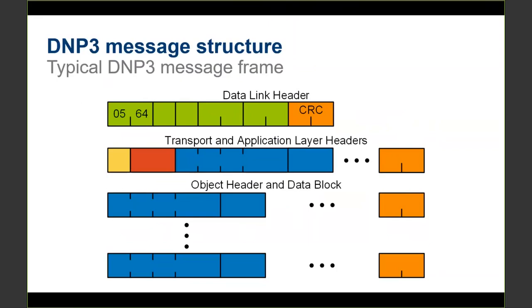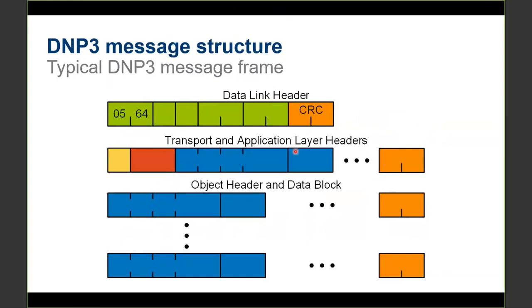One big difference between DNP and Modbus is that Modbus has one CRC at the end of the entire message. But DNP puts 2 bytes for CRC on the first block and 2 more CRC bytes in each 16 bytes.